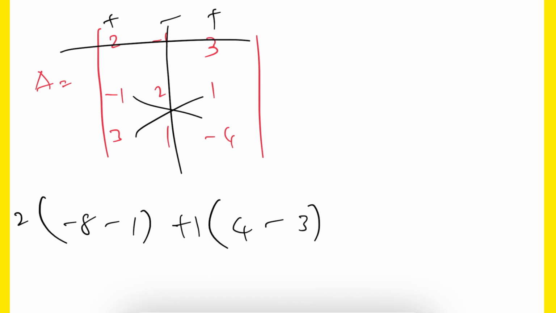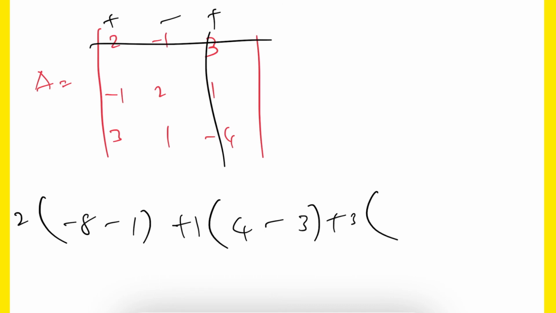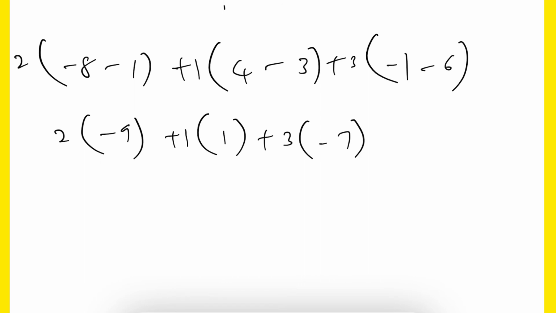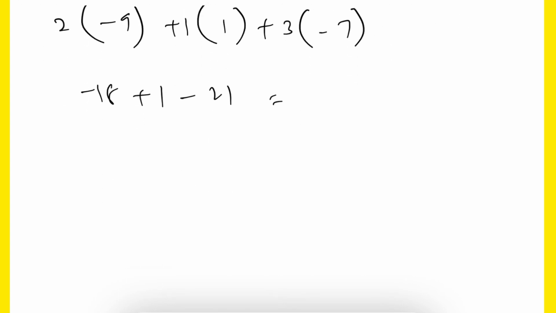Then the last element will be plus 3 into minus 1 into 1 minus 1, 3 into 2 is 6. Let us simplify this. 2 into minus 8 minus 1 is minus 9, plus 1 into 4 minus 3 is 1, plus 3 into minus 1 minus 6 is minus 7. 2 into minus 9 is minus 18, plus 1, plus into minus minus 3 into 7 is 21. Minus 18 plus 1 is minus 17, minus 17 minus 21 is minus 38. This is the delta value.